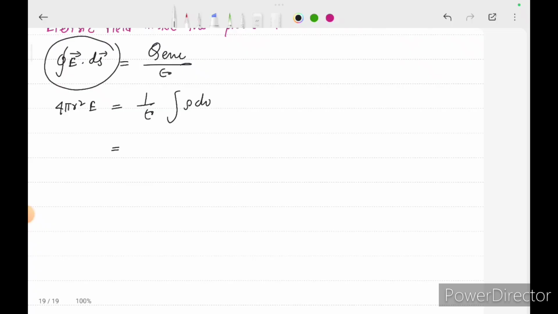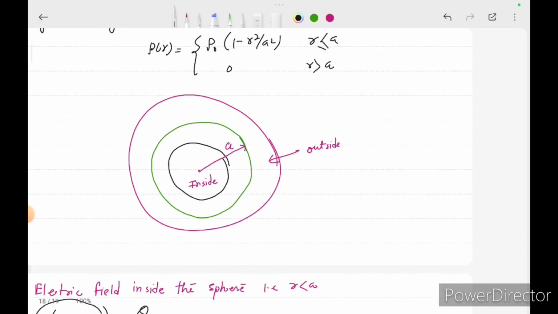So this is 1 upon epsilon naught, integrated from r equals 0 to r, where r is the radius of the Gaussian surface, the radius of this region only.